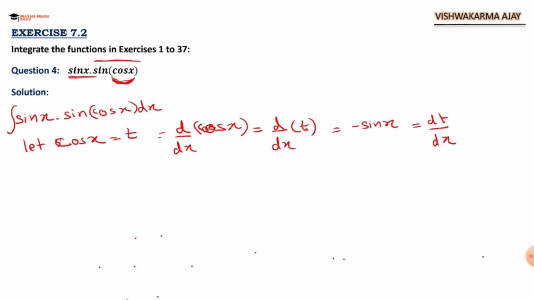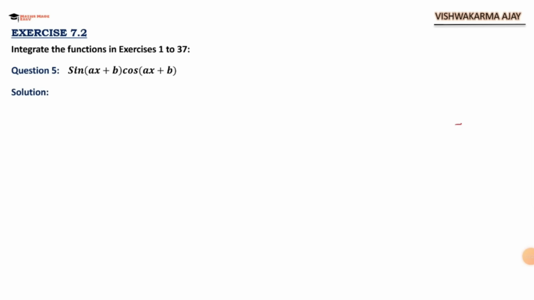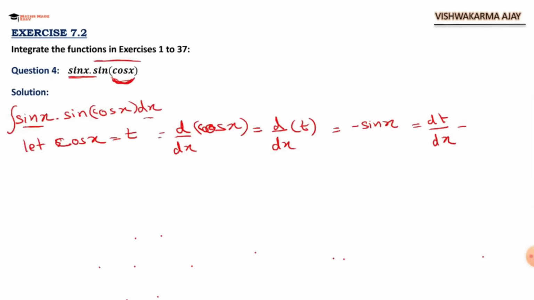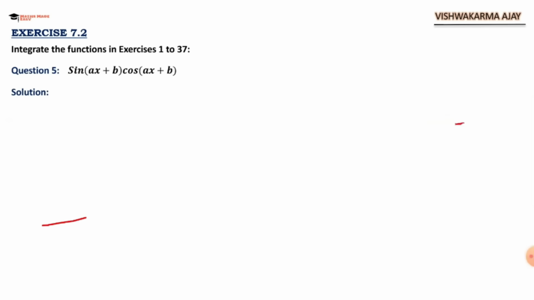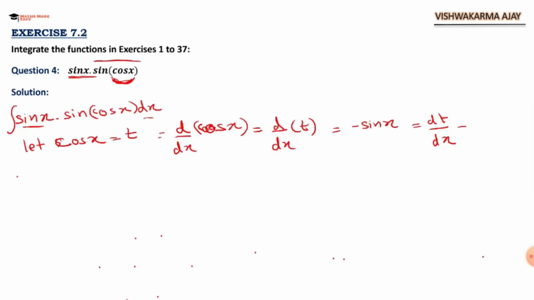But we are only interested in sine x dx. See, I want to replace this sine x and dx with dt. So I'm going to take this negative sign to the other side. So we have dt is equal to minus sine x dx.